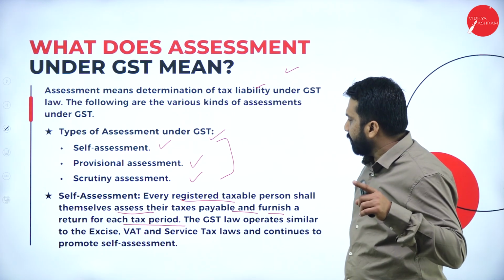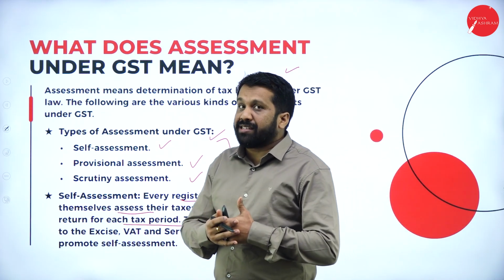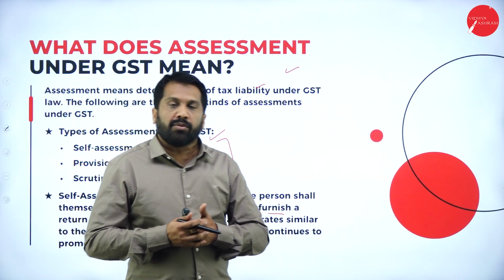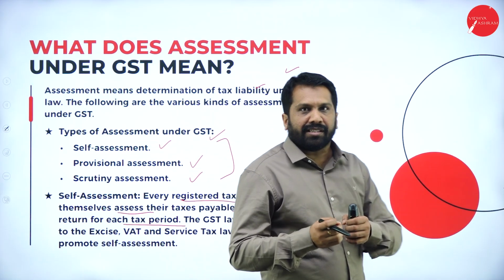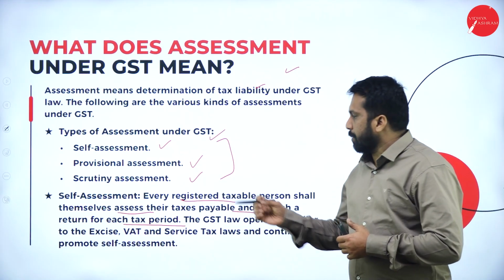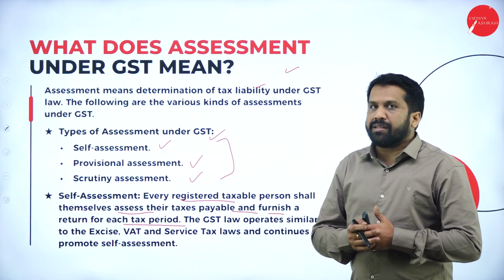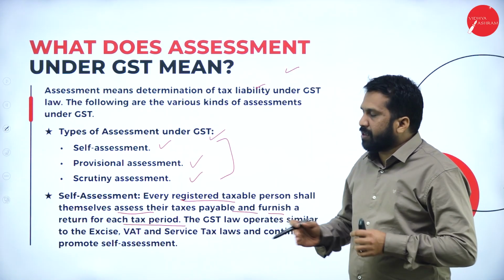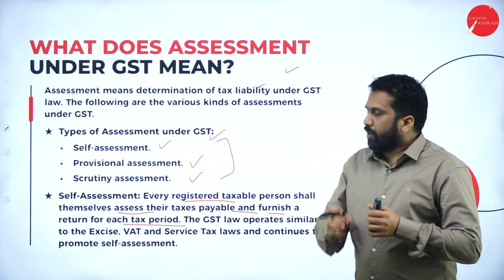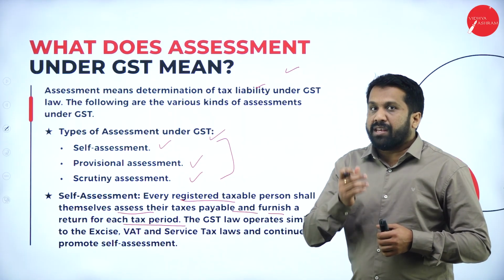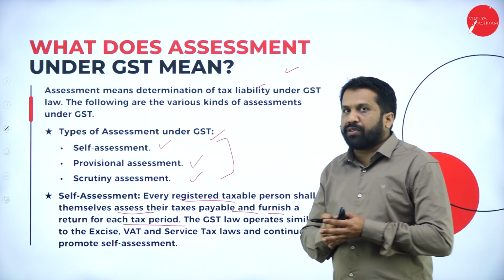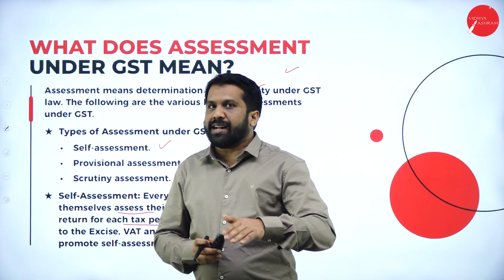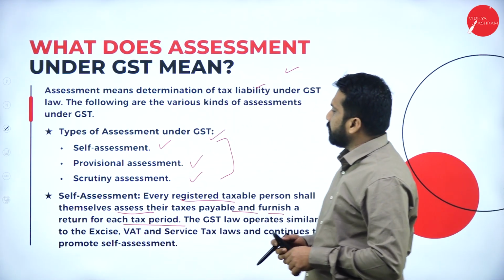That is called self-assessment. If you have a basic knowledge about GST, 90% of the work is done online itself. If you just insert the code or the particular goods number, the tax is automatically calculated because it is prefixed; your auditor has already fixed the percentage. Even the GST calculation, your output tax minus input tax, if there is any input tax credit, it is deducted and the final answer will be given to you.